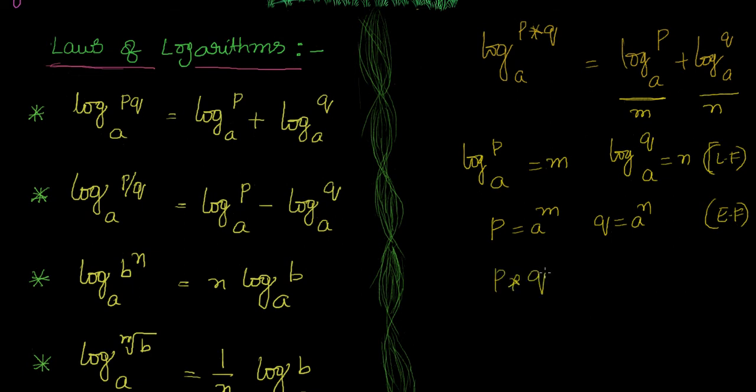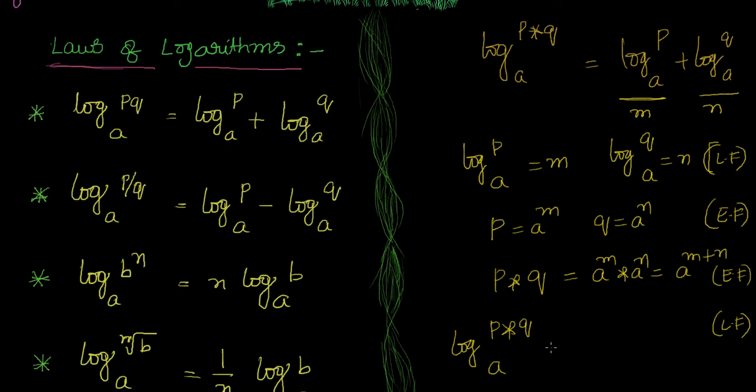p into q is equal to a to the power of m into a to the power of n. We know that's equal to a to the power of m plus n, because if the bases are equal, then you can add the exponents. Now this is again in exponential form. Let us convert this into logarithmic form. It becomes logarithm of p into q to the base a is equal to m plus n.